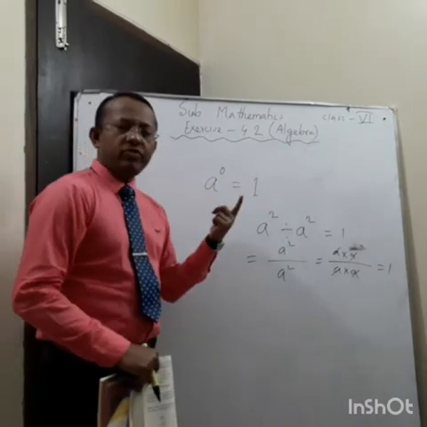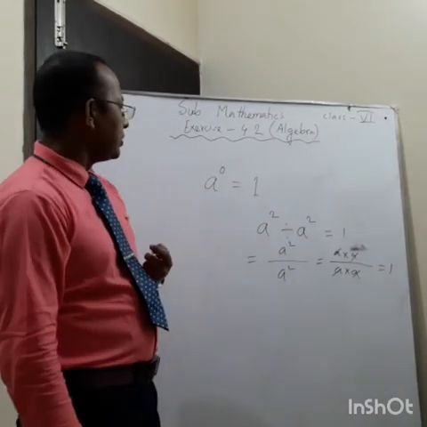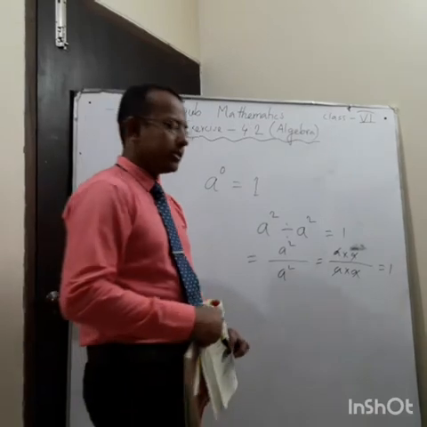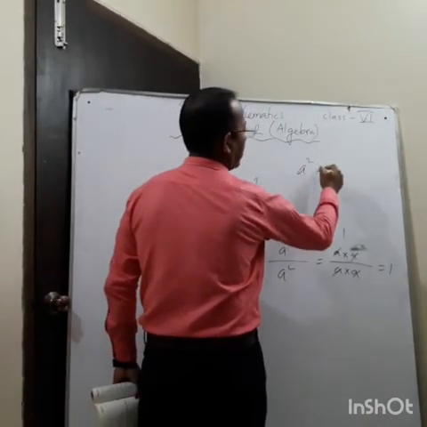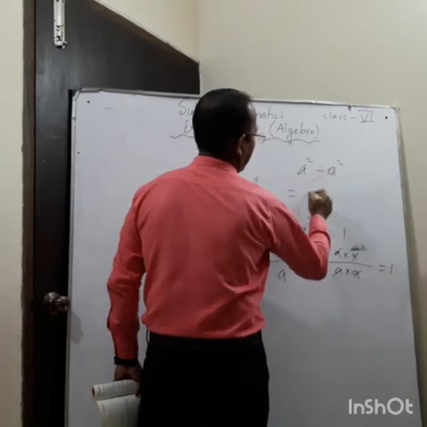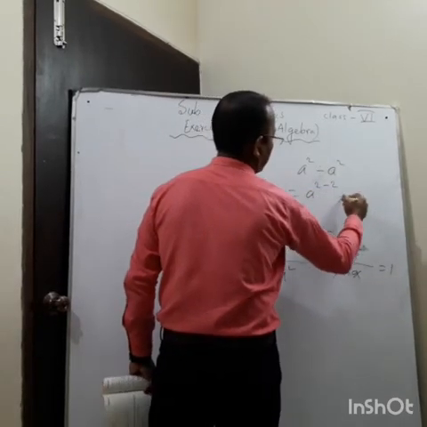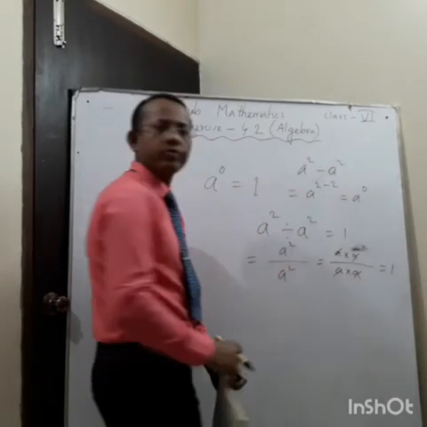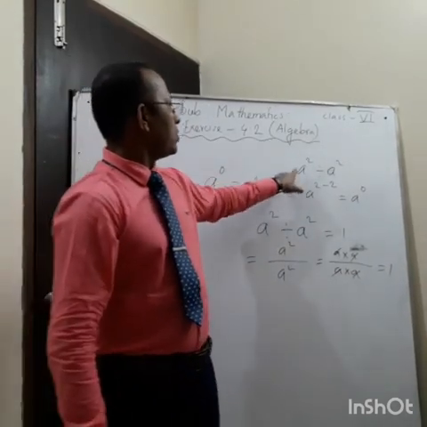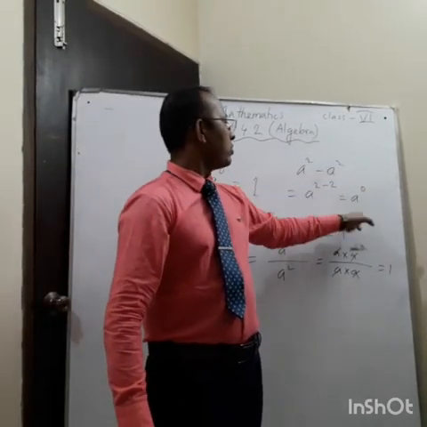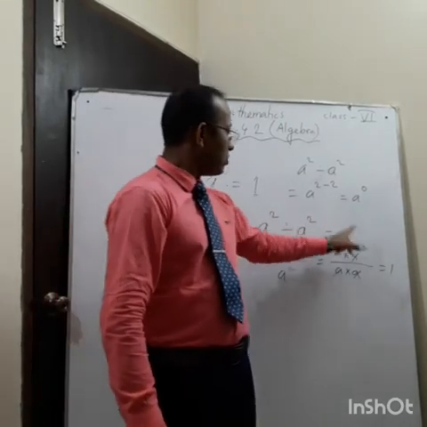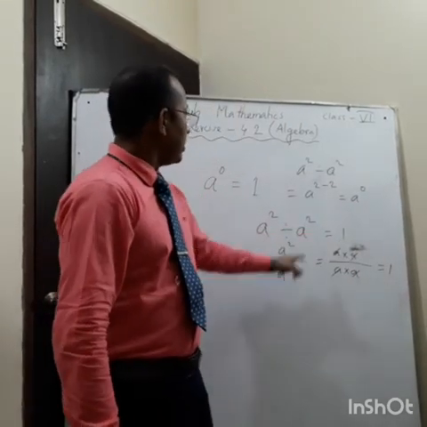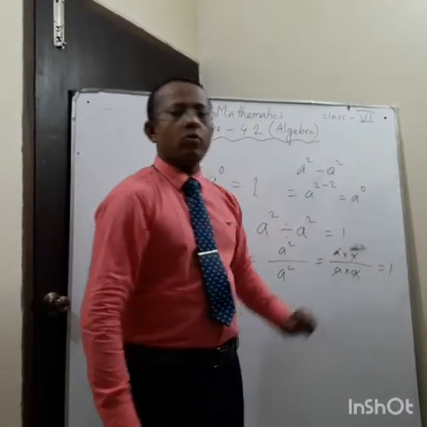But if we apply the division rule of indices, we get a square divided by a square equal to a to the power 2 minus 2, equal to a to the power 0. On the other hand, a square divided by a square equals 1. That is, a to the power 0 equal to 1.